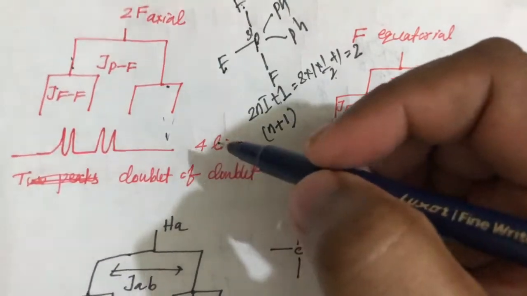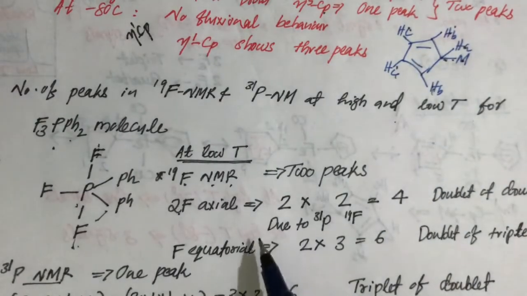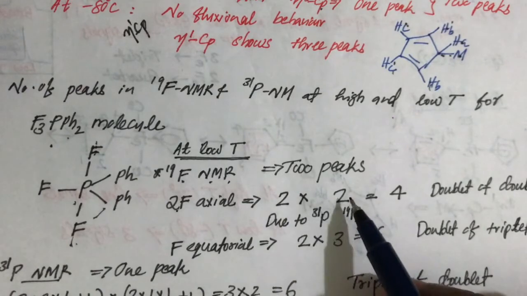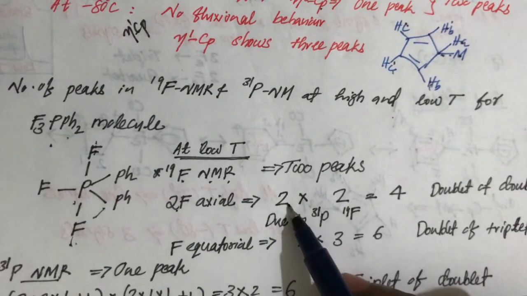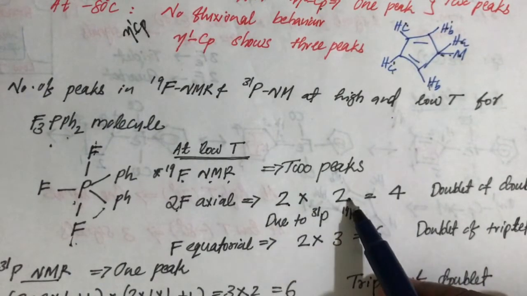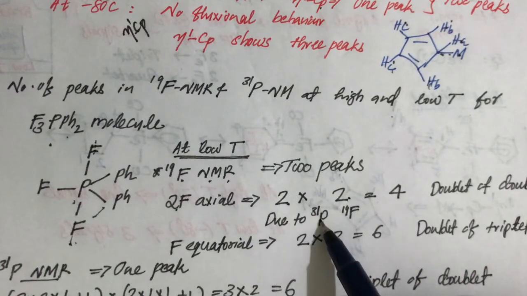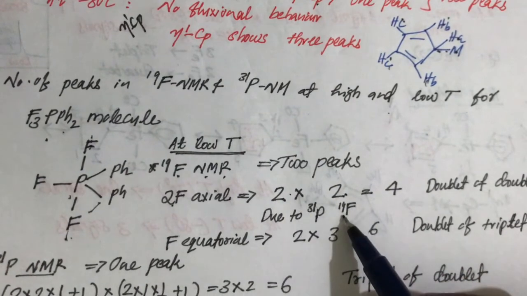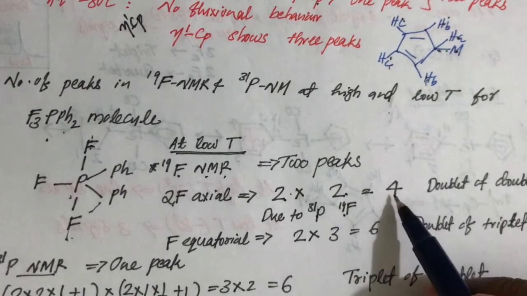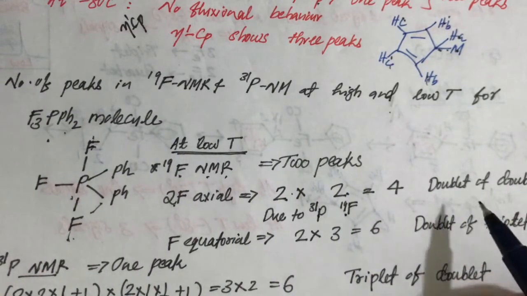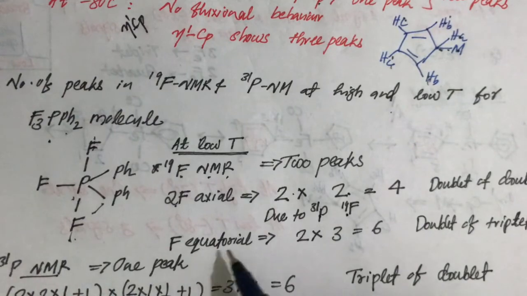Ready? Now you can have 2 into 2, first split into 2 due to phosphorus, again split into 2 due to fluorine. So totally you can have 4 lines, that is a doublet of doublets. Now what about the equatorial fluorine? Equatorial we can analyze.